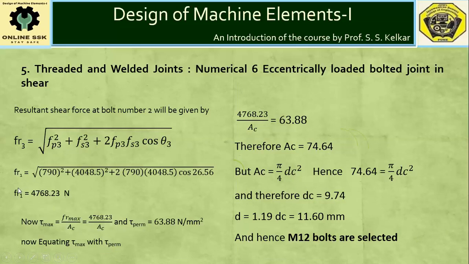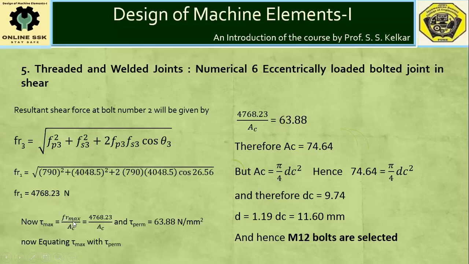Therefore we are in position to calculate FR3. By mistake I have written FR1; this should be FR3. So FR3 is 4768.23 Newton. This is the maximum resultant shear force experienced by any of the bolts, and this has to be taken into account for further analysis.